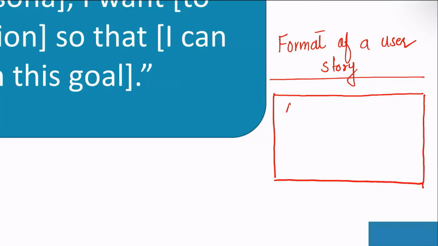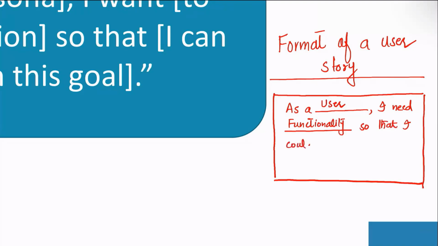For example, as a user, I need this functionality so that I could achieve this business objective. So there are three elements of a completely described user story.